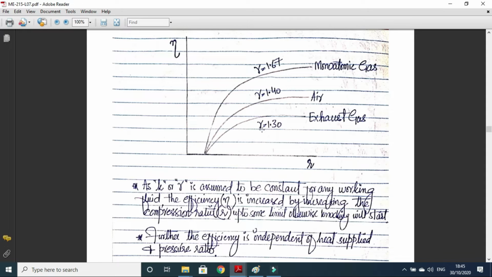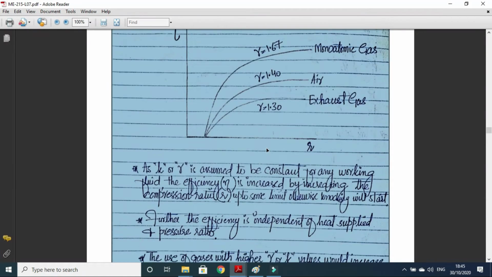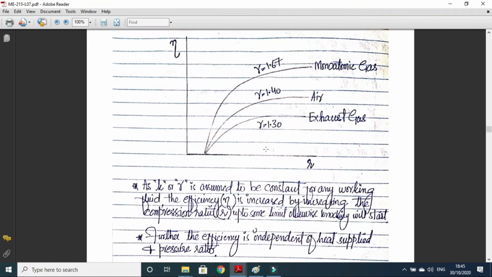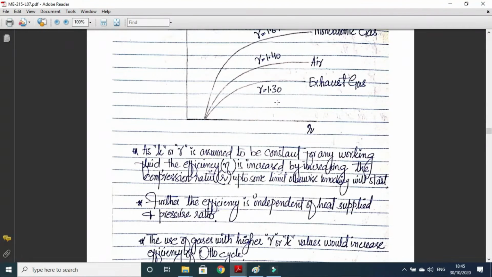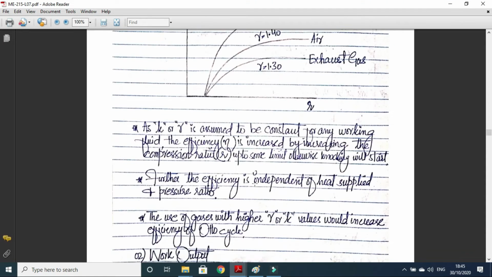So gamma and k are same. So k is equal to 1.3, k is equal to 1.4, k is equal to 1.67. As k is increasing, you can see that efficiency is also increasing. So here we have a smaller efficiency, here we have a larger efficiency. Okay, so we can see that efficiency is only a function of compression ratio and the k values. So efficiency is independent of heat supplied and pressure ratio.